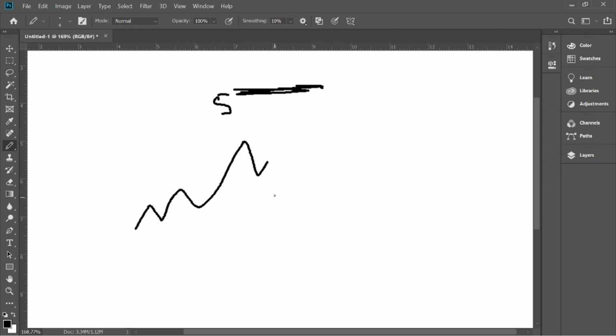So let's say this is $1, and this is $2.5. Price retraces from there all the way down to $1 before going up to the upside.